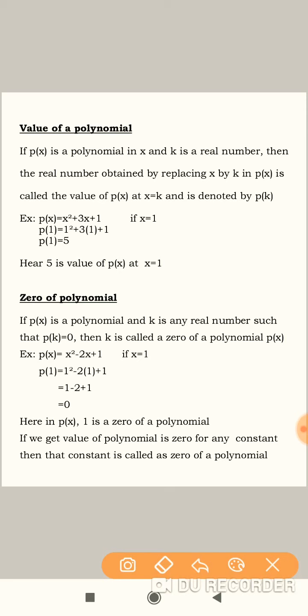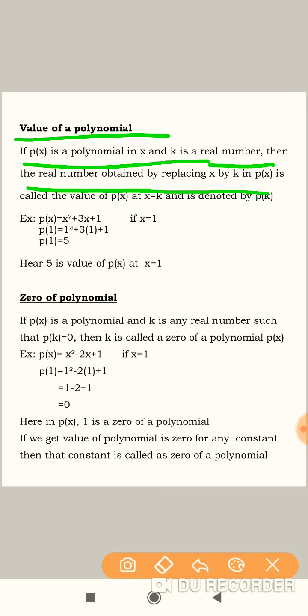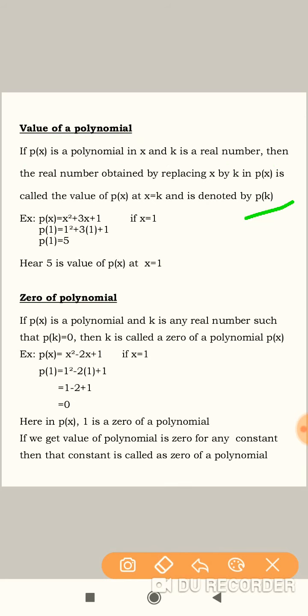The next thing we have to learn is the value of a polynomial. If p of x is a polynomial in x and k is any real number, then the real number obtained by replacing x by k in p of x is called the value of p of x at x equal to k, and it is denoted by p of k.